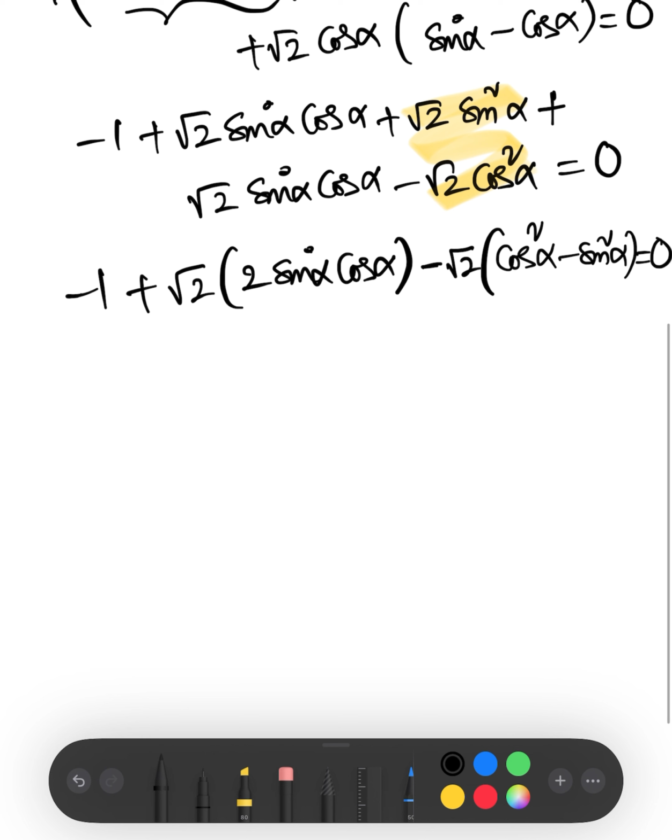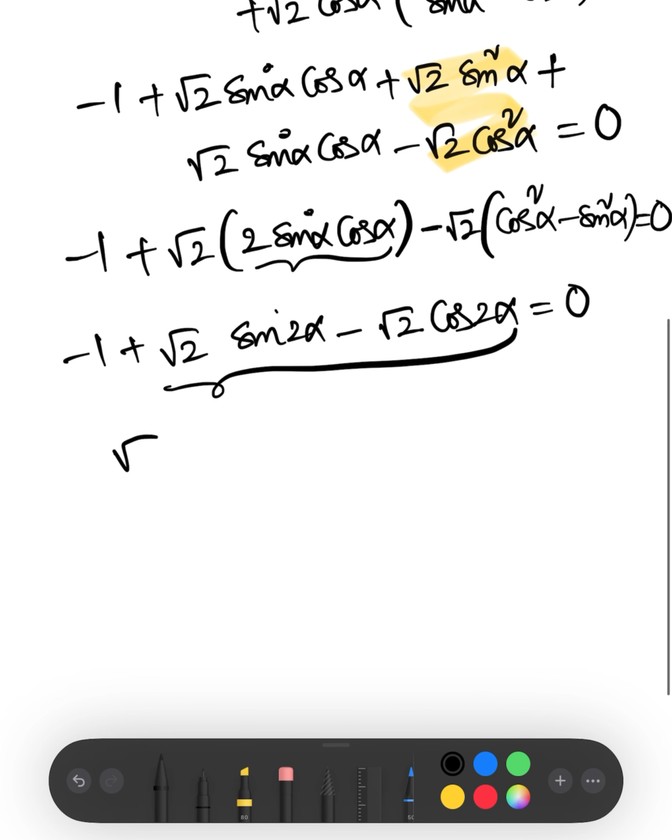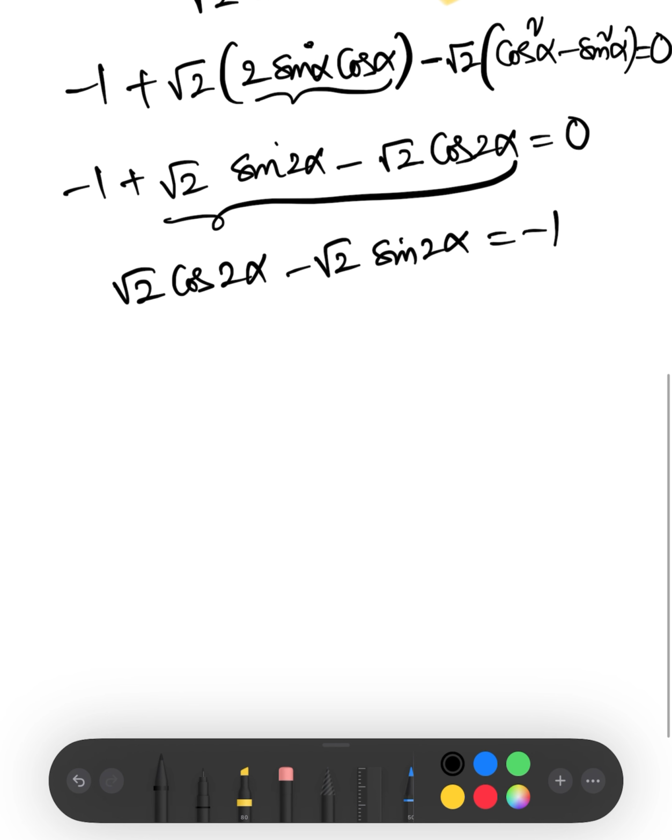Now if you observe this, minus 1 plus root 2 sin 2 alpha minus root 2 cos 2 alpha. You can send these two to the right side, so that it is root 2 cos 2 alpha minus root 2 sin 2 alpha equal to minus 1. Correct.